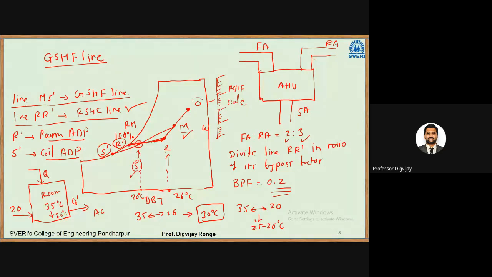This is the outdoor condition point, this is the room condition point, and we have seen the adiabatic mixing. When these two streams mix together, assume adiabatic mixing, and we get a mixing point M. We have to join that mixing point with this intersection point S, and if I extend that line up to the saturation curve, I will get point S dash.